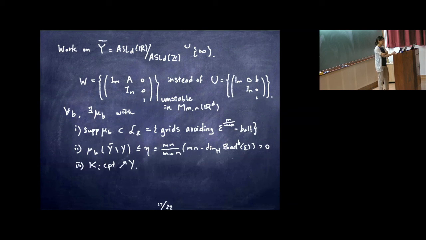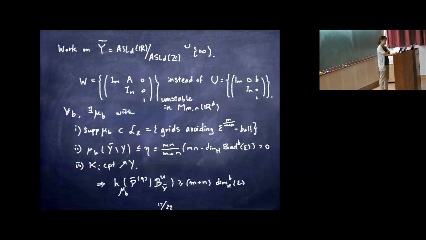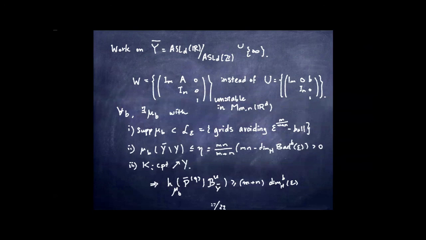For some increasing sequence of compact sets exhausting Y, we have some relative entropy bounded below. But here it's a little different from before. Before we had relative entropy with respect to the Borel sigma algebra on the space of lattices.